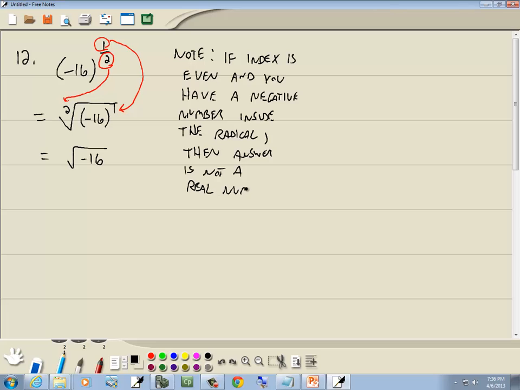We're going to actually see later on in a different lesson, it's actually an imaginary number.